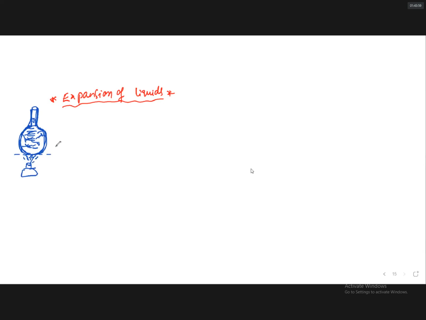So we define two coefficients of expansion for liquids. One is the expansion of the liquid with respect to the container, known as apparent expansion, and the other is the real expansion of the liquid.